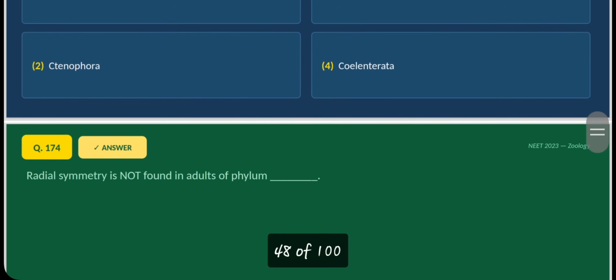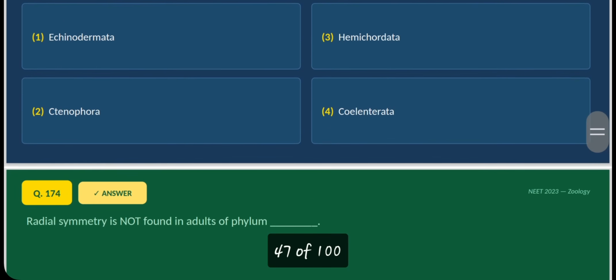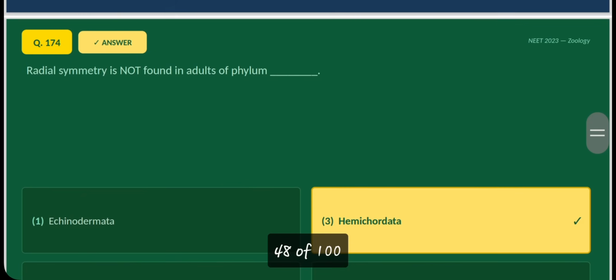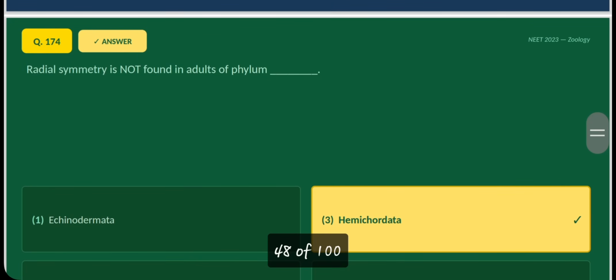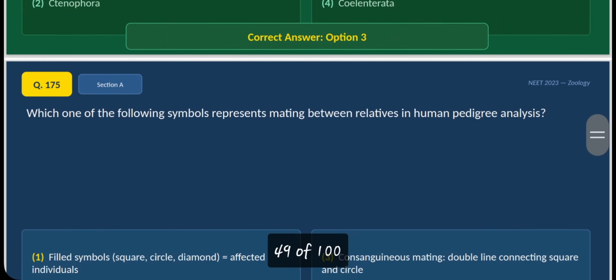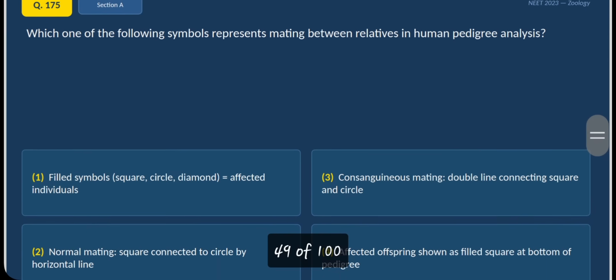Now, Ctenophora and Coelenterata adults have radial symmetry, even the larvae have radial symmetry. So, Hemichordata is the one in which the adults are, radial symmetry is not found in adults of phylum Hemichordata. Remaining in all of them, they are found. So that's a tricky question that they had asked, isn't it?